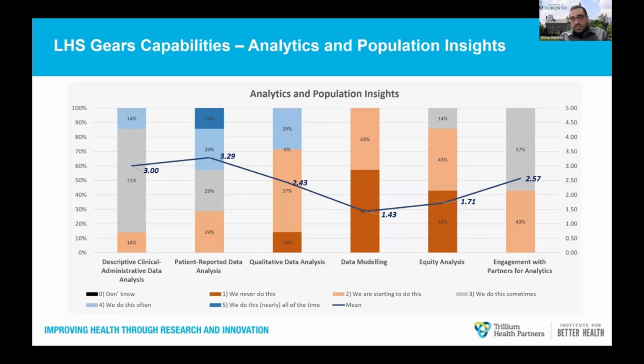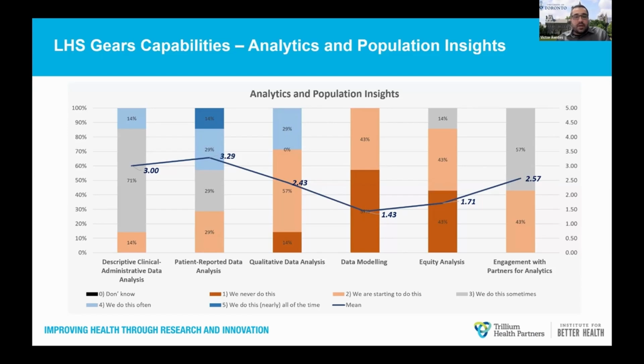And so this type of data visualization can help us identify which are the specific areas within the gear that we're not doing so often, and to help prioritize what it is that we want to get better at, right? Whether or not we want to improve data modeling in the short term, or using AI and predictive analytics and machine learning, is something that the team can debate, whether it's a short-term or long-term goal.